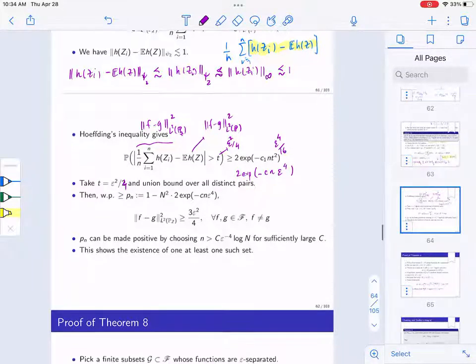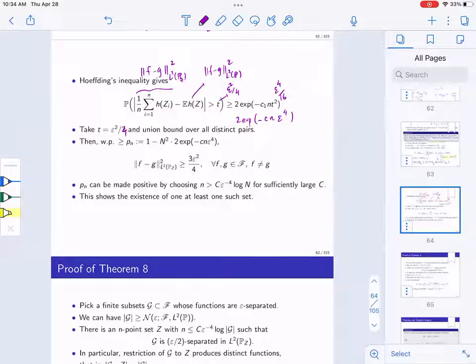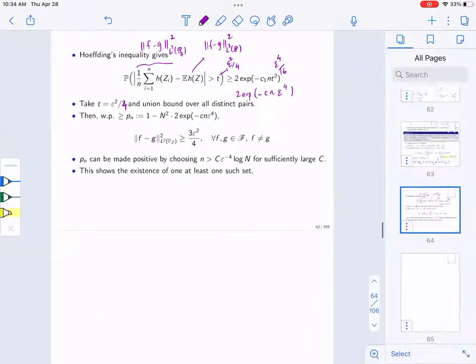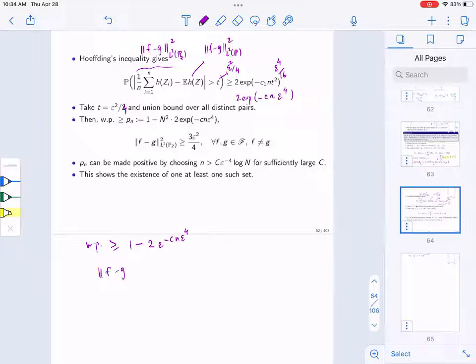So I can take a union bound, let me do the union bound later, but what this is saying is with probability bigger than 1 minus 2 e to the negative c n epsilon to the 4, I have norm f minus g L2(P_Z) squared minus norm f minus g L2(P) squared. This is bounded by epsilon squared over 4.